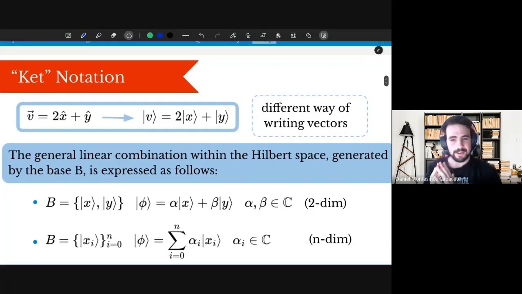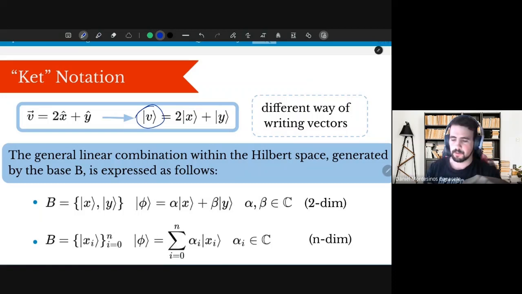So basically, ket notation is just a different way to write vectors, in the sense that in the last day we were writing vectors in this way. So now in the ket notation, we normally write a vector using this way.